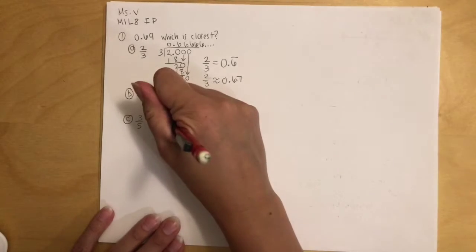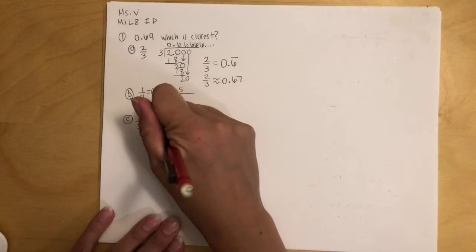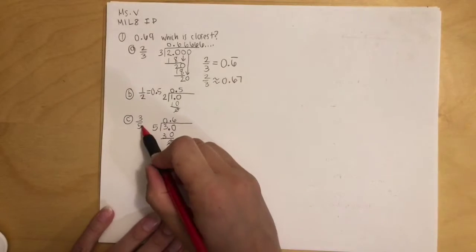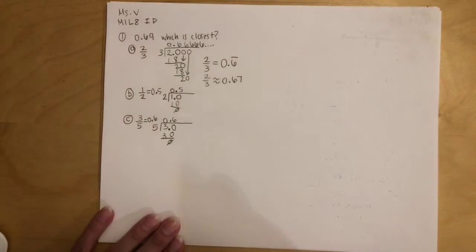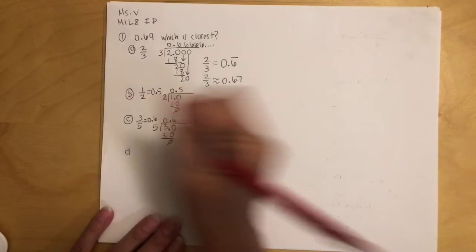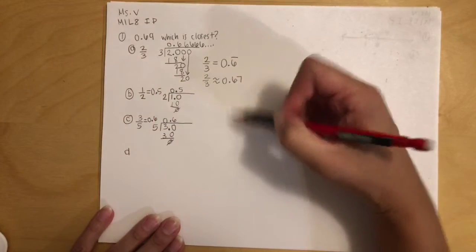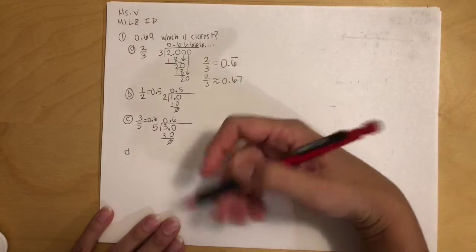Oh, this one's easier than I anticipated. 0.6. So 30, 0 remainder, 3/5 equals 0.6. That's an easy one. I don't know why I forgot that. All right. Out of these, 0.67 or 0.6 repeating is still closer than these two.